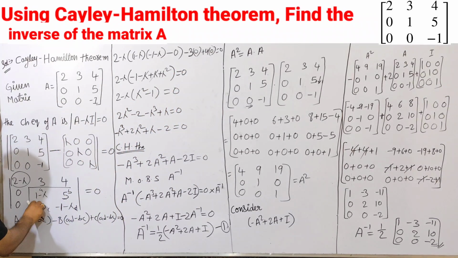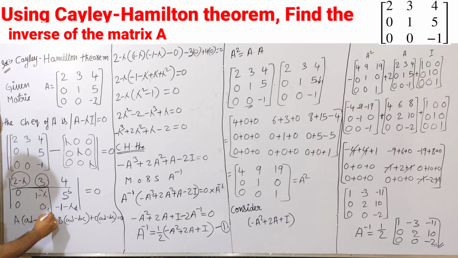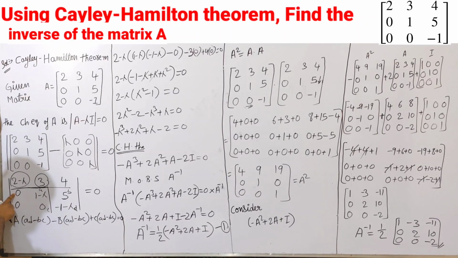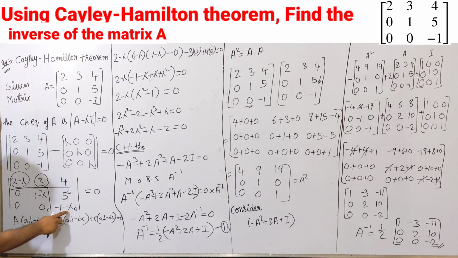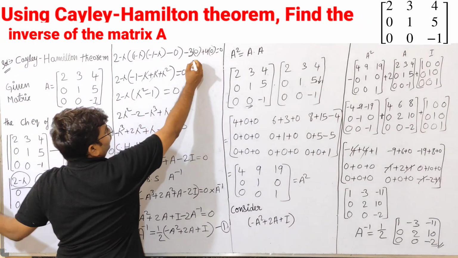If we consider the 3, we should not take this row and column value, only this and this. Now AD: 0 into 1 minus lambda, 0, and minus BC: 5 into 0, 0. So in total we got 0 here.